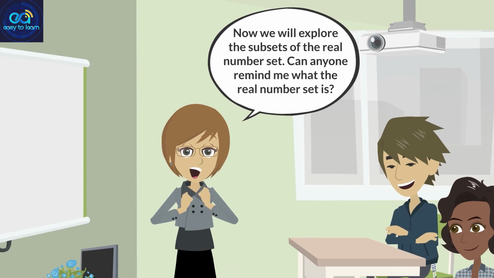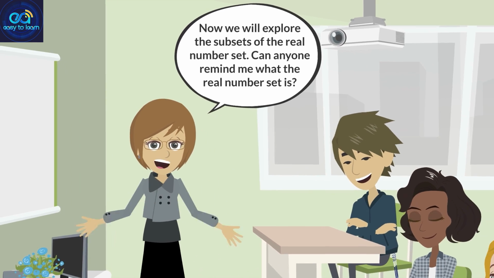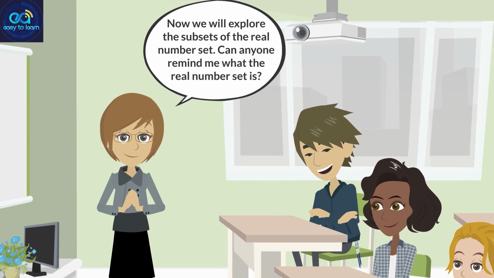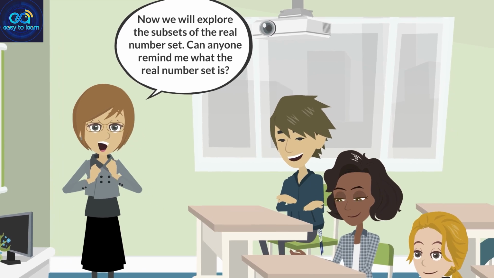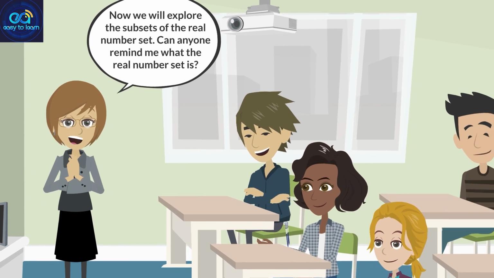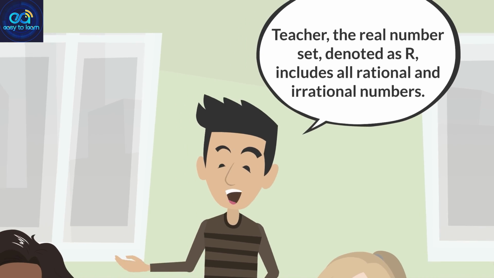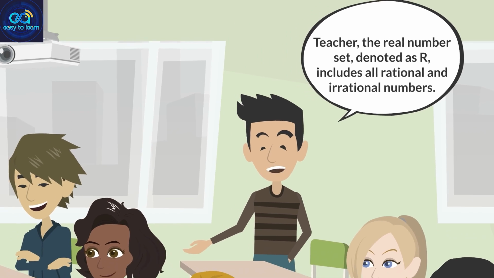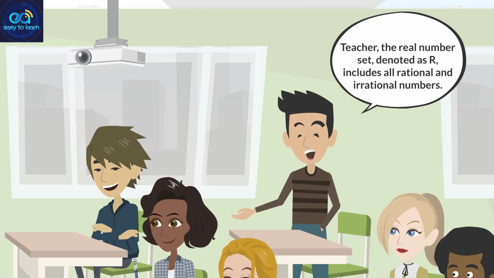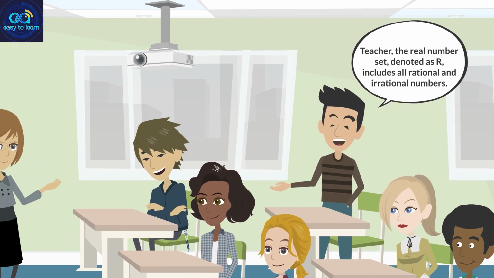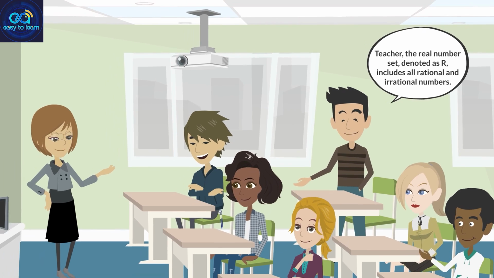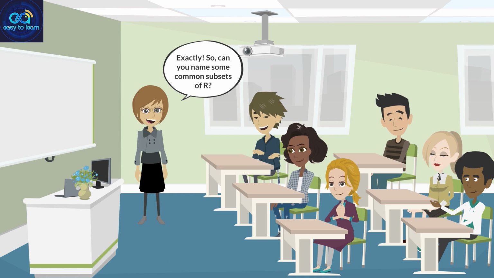Now, we will explore the subsets of the real number set. Can anyone remind me what the real number set is? Florette: Teacher, the real number set, denoted as letter R, includes all rational and irrational numbers. Exactly.